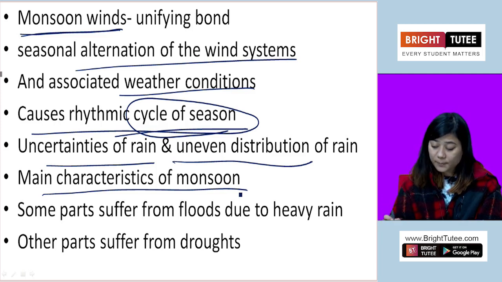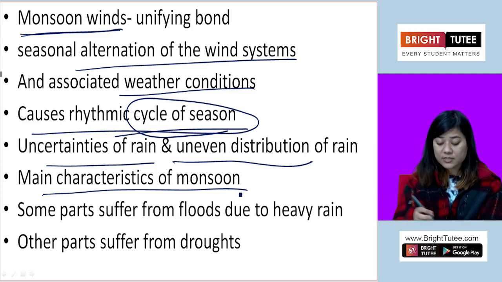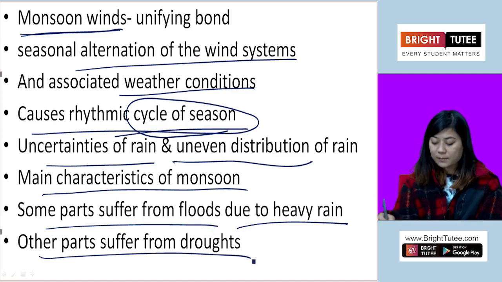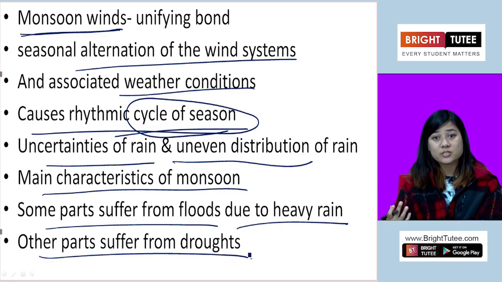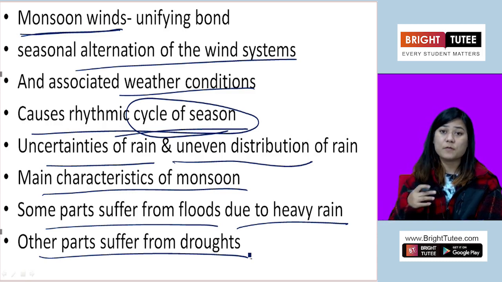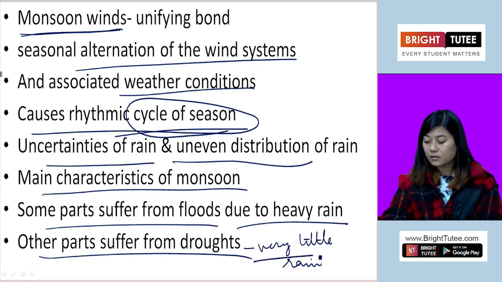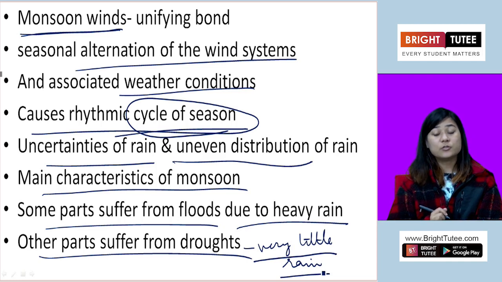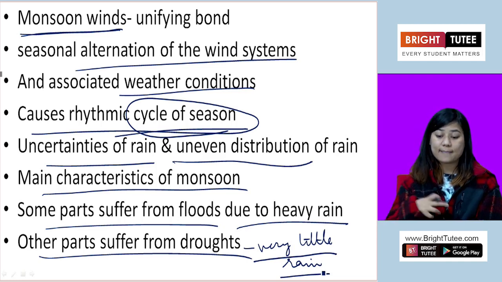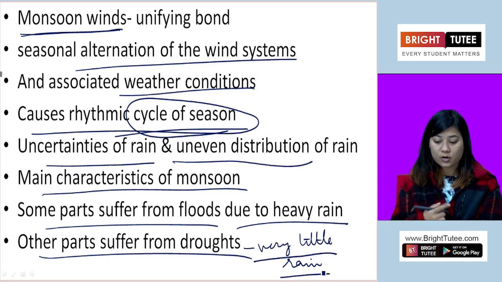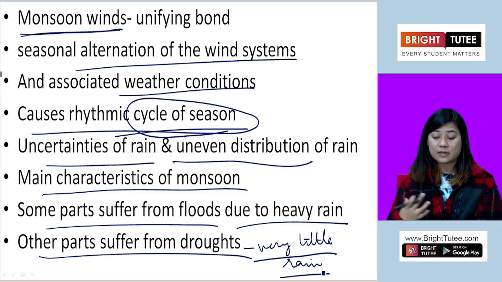And because of the monsoon, some parts suffer from floods due to heavy rain, while other parts suffer from droughts or famine because of very little rain. Alright, so these are caused by the monsoon winds, which bring seasons, which bring rainfall, and which unify the country.